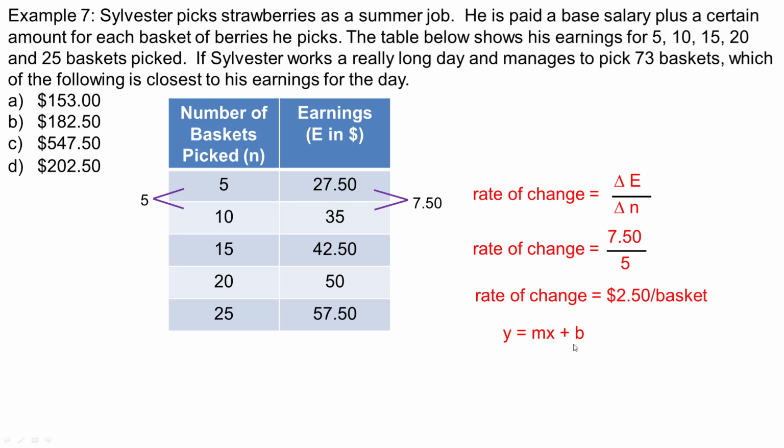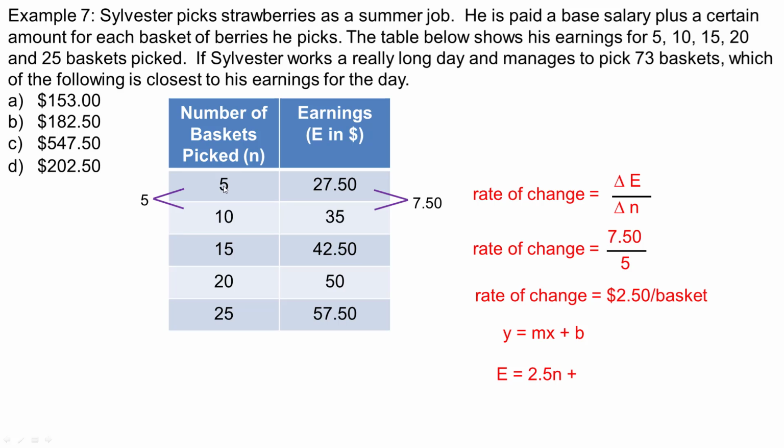Now, if we relate this to y equals mx plus b, the 2.50 is the rate of change. So we would put earnings, not y, equals 2.5 times n. Now, the b value is the initial value or the fixed value. If in the table you have the value for 0 in this column, then the fixed value is what's over here.